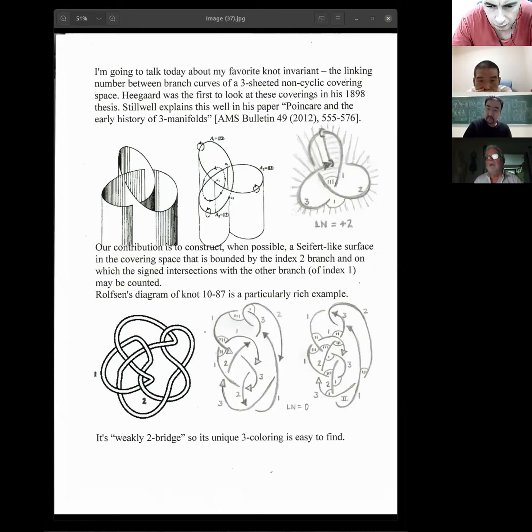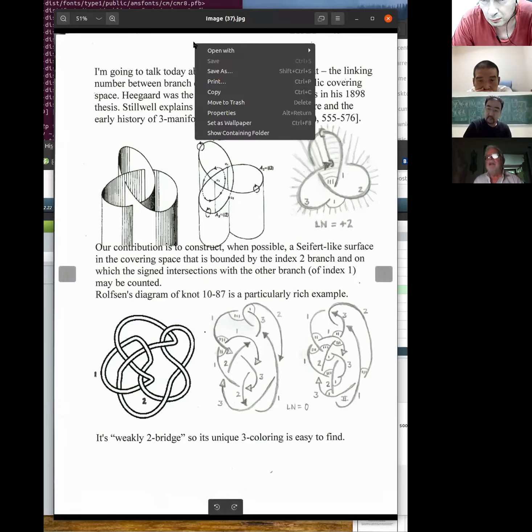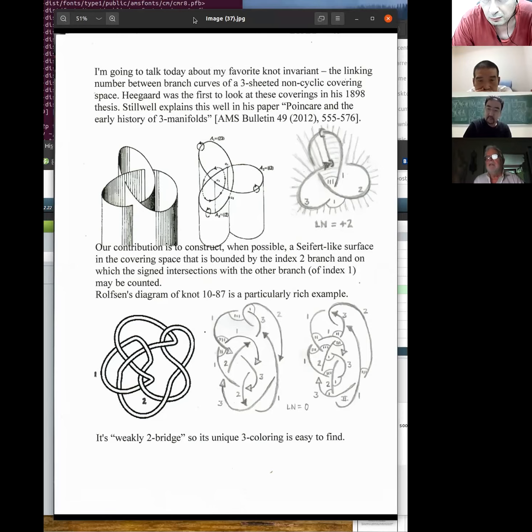And what one could get if you do that carefully and in the right way, and if it works, is an explicit surface in the covering space that is bounded by one of the branch curves. In this case, it's bounded by the branch curve of index 2.